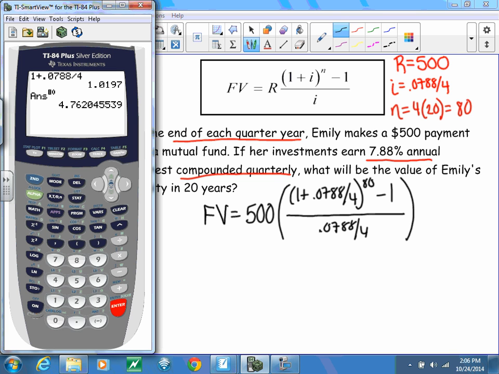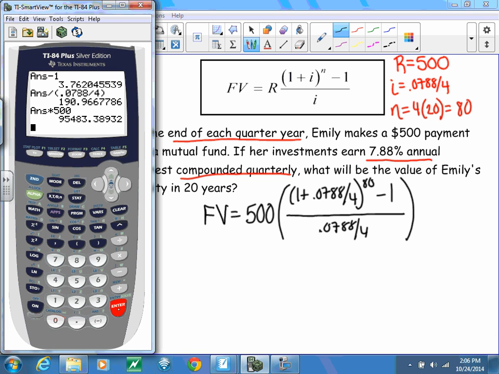I'm not going to round this answer either, and I'm going to subtract 1 from that answer. All I'm doing here is order of operations. Now I can divide by, and here I have to use parentheses, 0.0788 divided by 4, because I want to divide by that fraction. Hit enter. And then finally I can multiply that answer times 500.